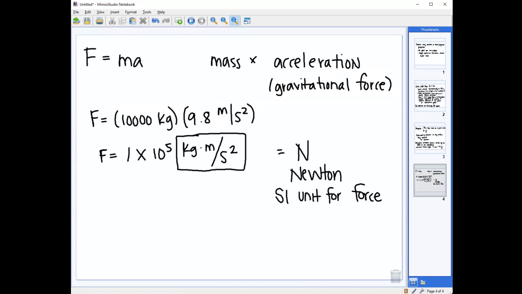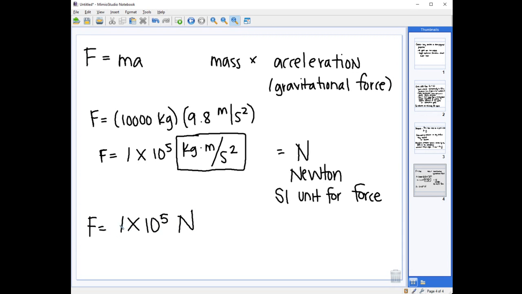Okay, named for Isaac Newton. So 1 Newton is equal to 1 kilogram times meter per second squared. So our force here being exerted by our column is 1 times 10^5 newtons. Okay, so that's how much force is being exerted by this column of air.